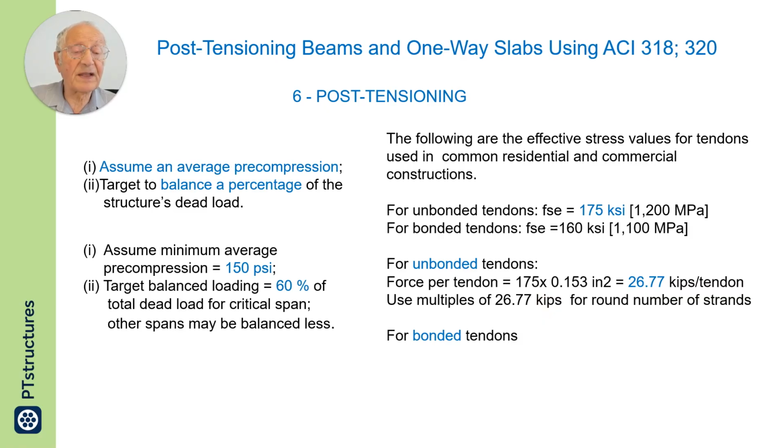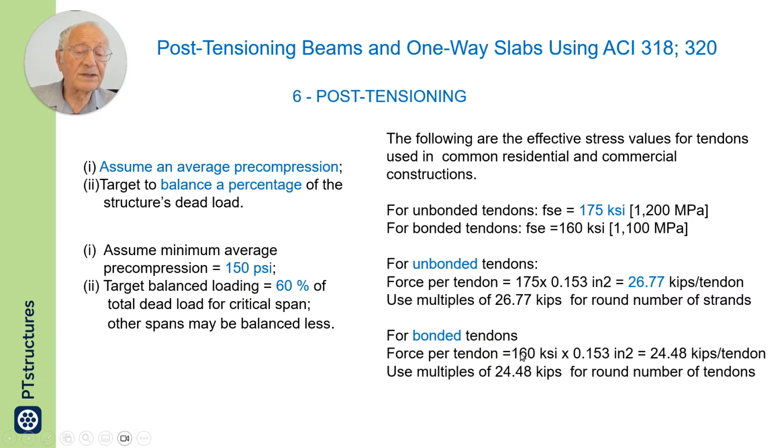And based on this value, 26.77, I determine the number of strands needed for initial calculation, based obviously on the percentage of the dead loads that I want to balance.